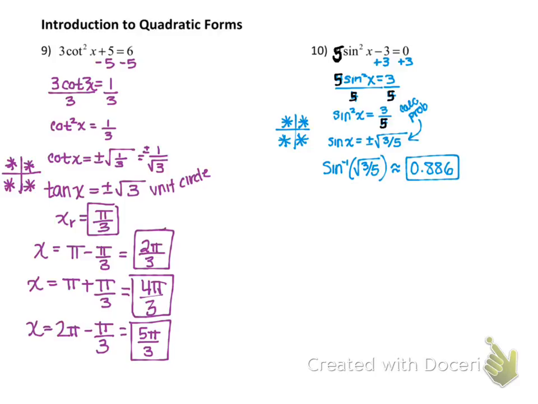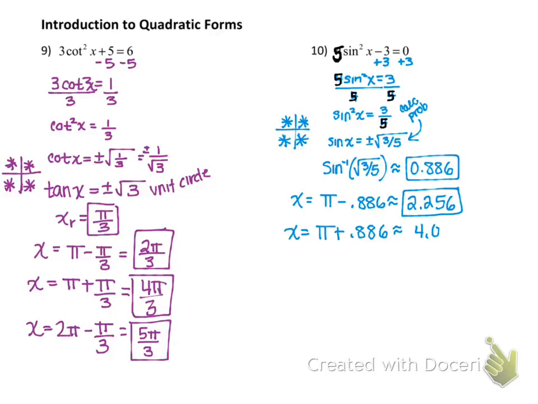And now to find the other 3, I have to do these little equations of pi minus 0.886, and you get 2.256. Pi plus 0.886 gives you 4.028.